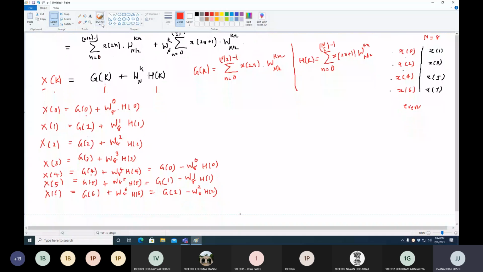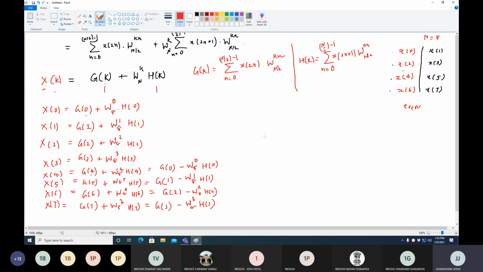And similarly, x of 7 is equal to g of 7 plus w8 raised to 7 h of 7, equals g of 3 minus w8 raised to 3 h of 3.